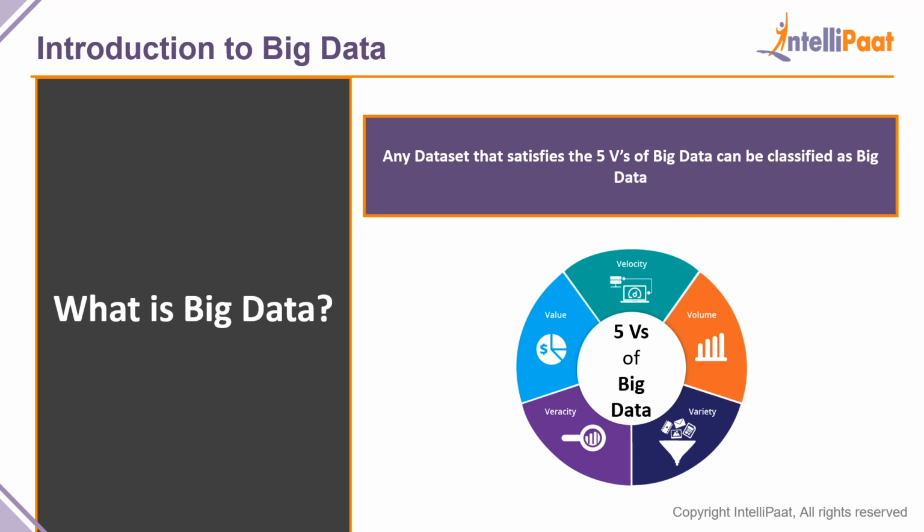Even if you take the roll number column of that student, you cannot actually create any sort of data analytics or data science model out of it. So the data of the roll number is not of value. The data should always be of value as well. I hope that clarifies what the five V's of big data are to you.